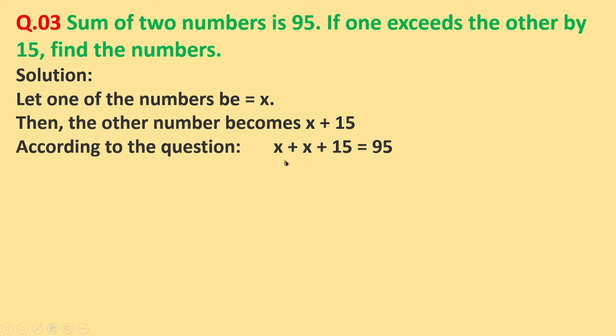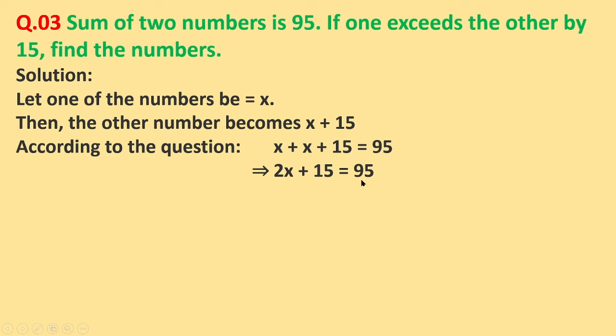Now we'll solve it by using simple algebraic methods. x plus x becomes 2x. Now we have the equation 2x plus 15 is equal to 95. Now we'll transpose this 15 to the right hand side.